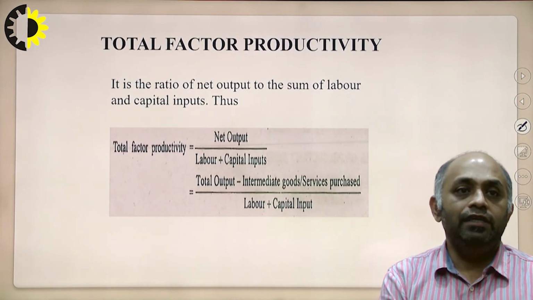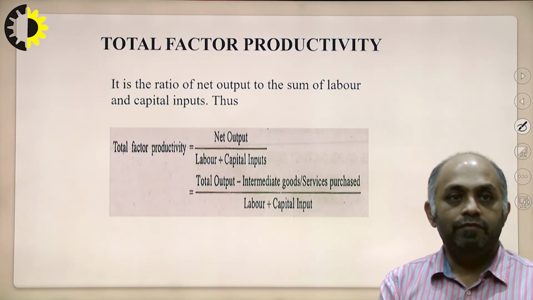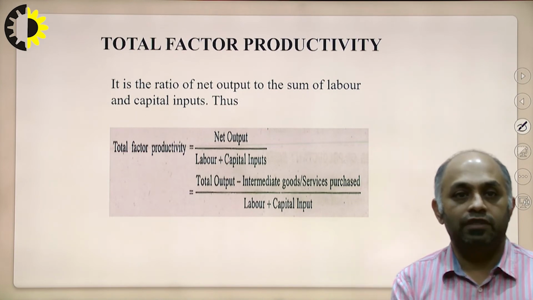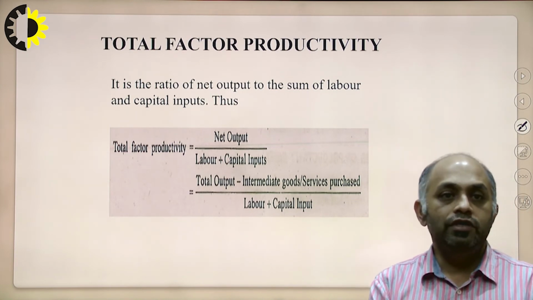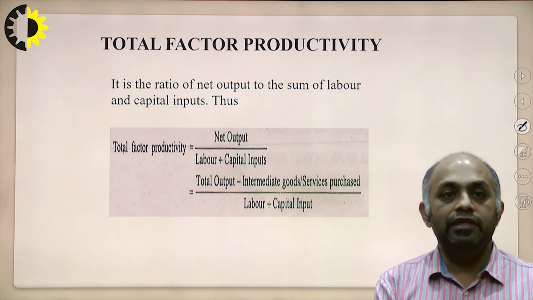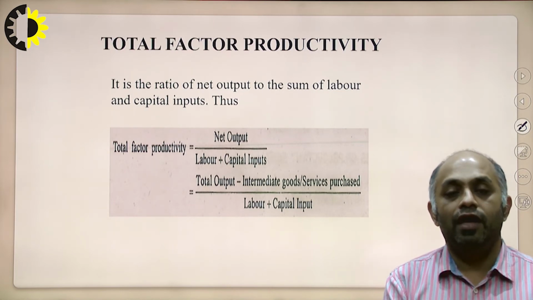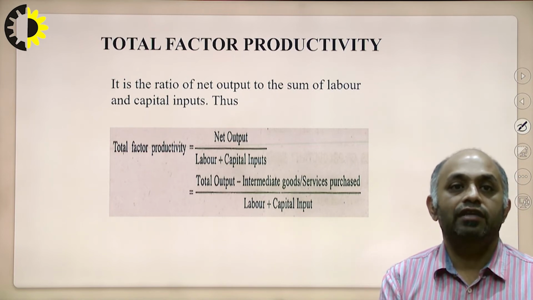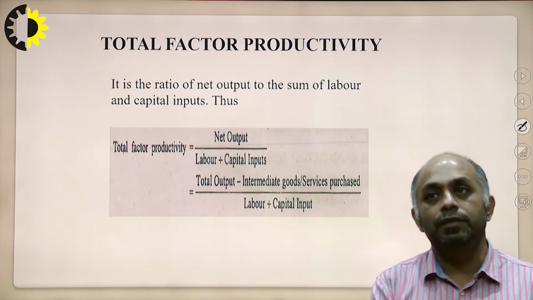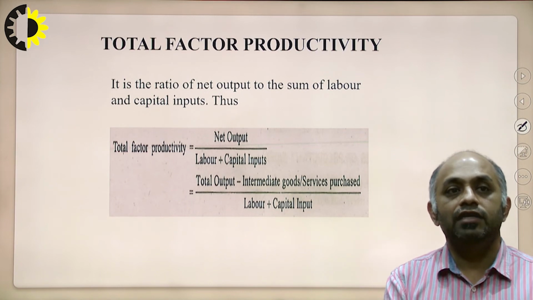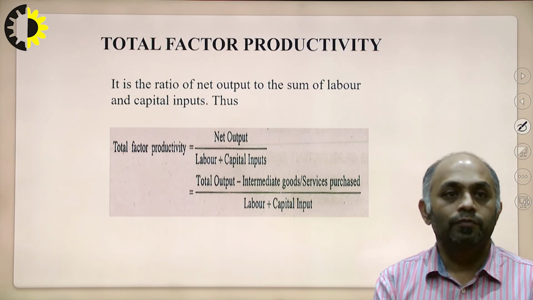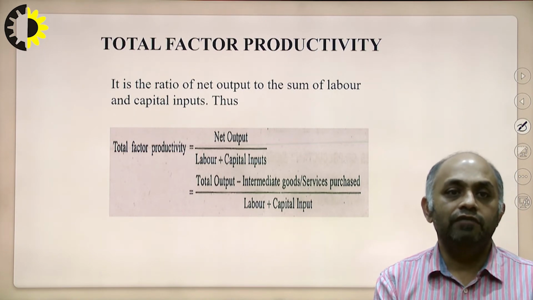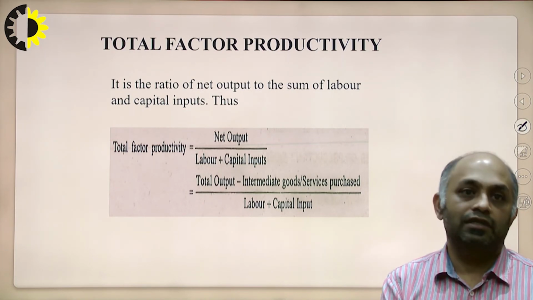Now this second type of measurement is total factor productivity. In this case, what we do is we take the labor and the capital inputs. So the human and the capital inputs, if we take, this is total factor productivity. If we analyze this a bit more, we'll realize that total factor productivity talks about two basic things, right?